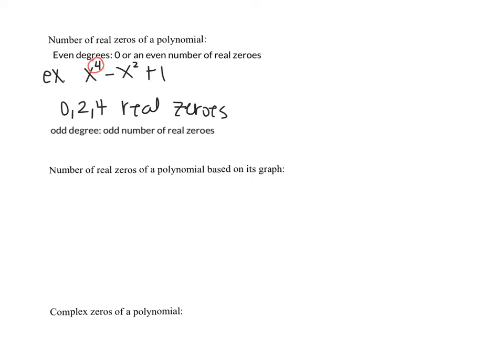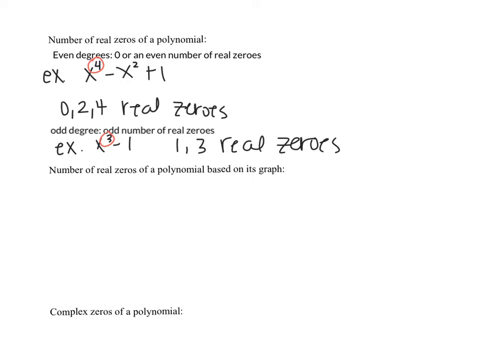So if we look at, for example, x cubed minus 1, the number of real zeros has to be every odd number up to the degree, which in this case is 3. So it has 1 or 3 real zeros, and so those are the only odd numbers up to 3.